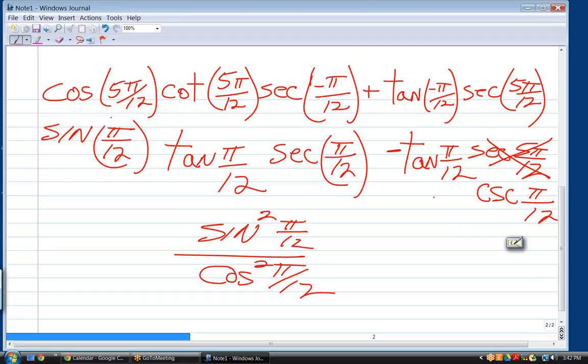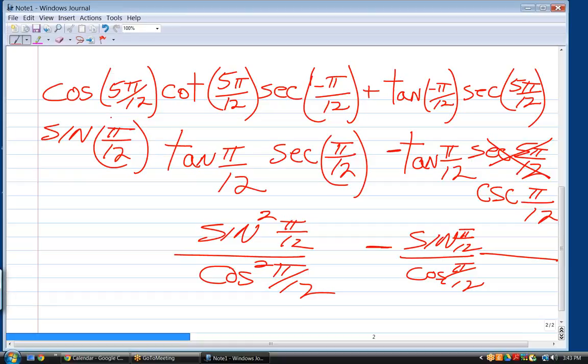Let's go ahead and turn tangent into sine and cosine. So sine pi over 12 over cosine pi over 12. And what about cosecant? 1 over cosine pi over 12. Cosine or sine? Oh, sine.